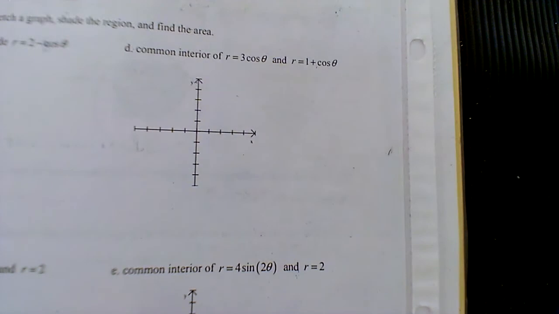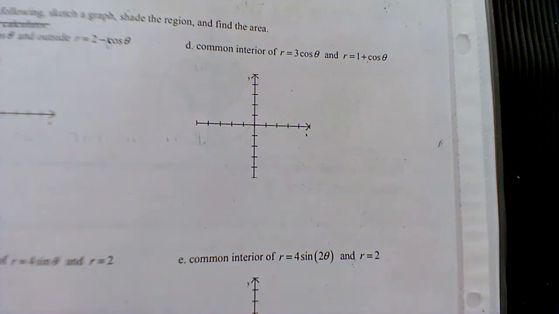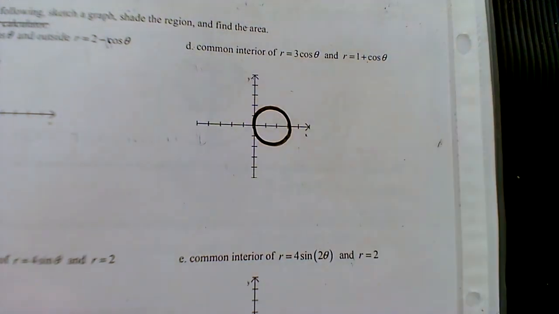We'll check out D. The common interior of those two. So 3 cosine would be a circle of length 3 on the x-axis. And 1 plus cosine, we just did 1 plus sine and that was a cardioid shape.